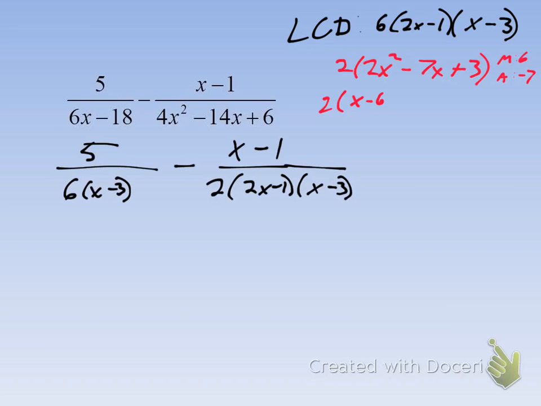So x minus 6 and x minus 1, and then you divide them by the original 2 right here. And remember, if you can reduce them, so x minus 3, and if you can't reduce, you bring it from the bottom up in the front, so 2x minus 1. So hopefully you remember how to do that.